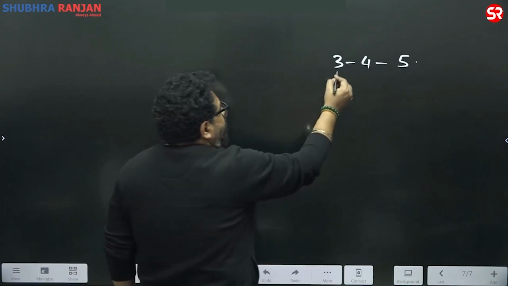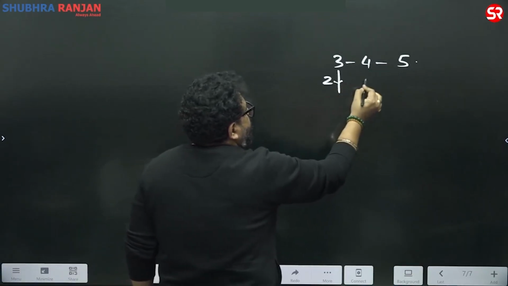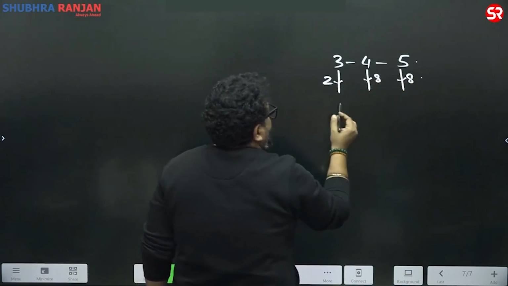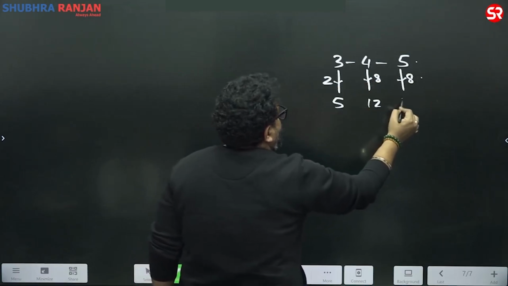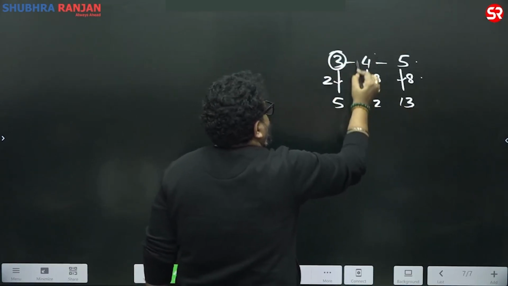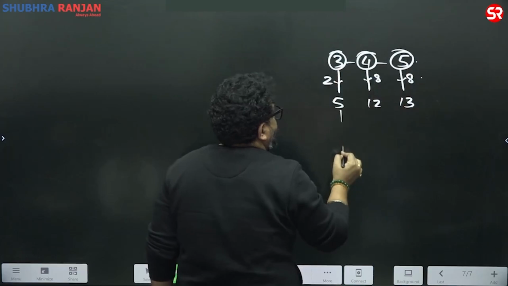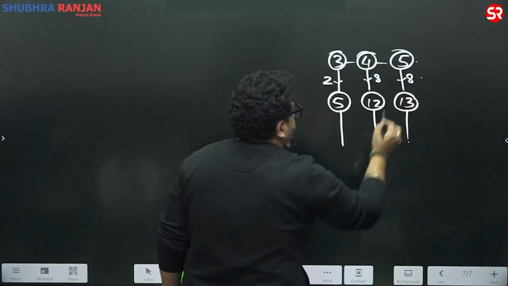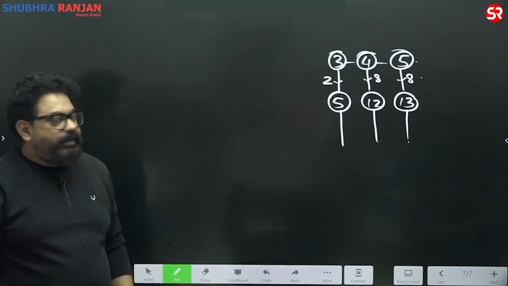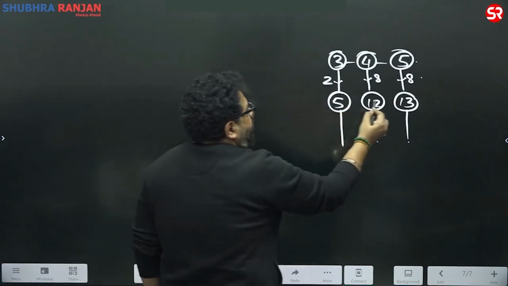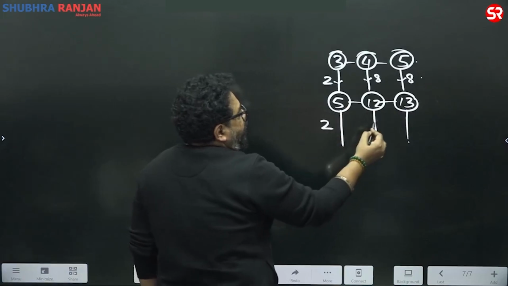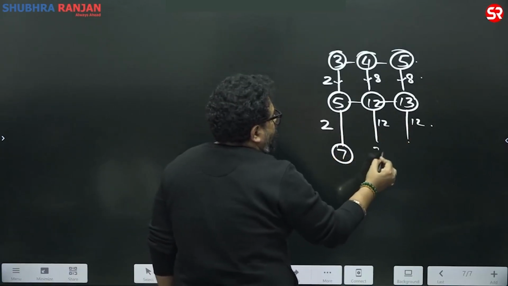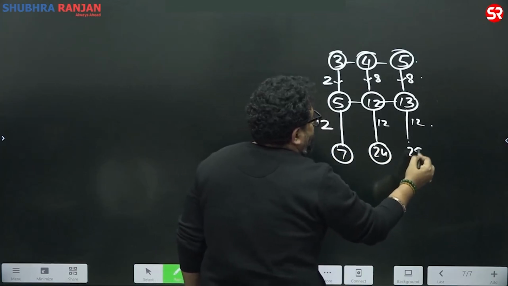If I add 2 over here, 8 over here and 8 over here, I get 5, 12, 13. What is 5 square plus 12 square? Is it equal to 13 square? Check it. Right? Similarly, if I add 2 over here and 12 over here, 12 over here, I get 7, 24, 25.